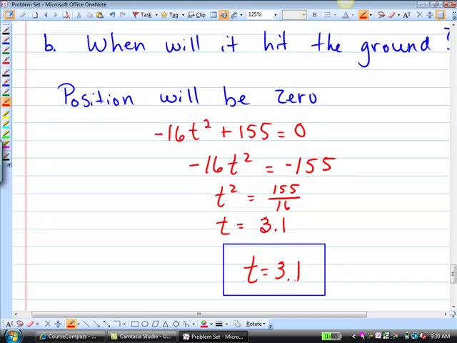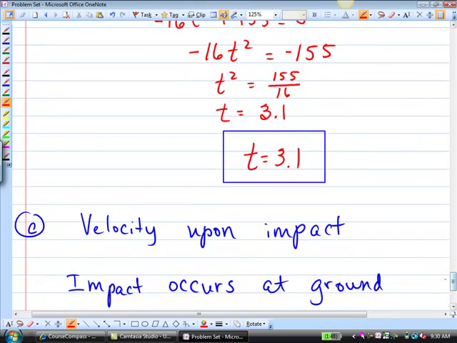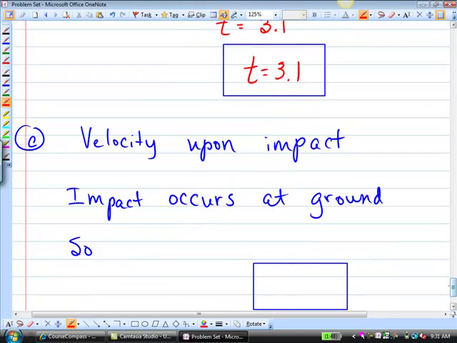All right. Then the C part says, what is the velocity upon impact? So that's saying v of what number? V of 3.1. Because that's how long it's going to take us to get there. So what is the velocity when we're hitting the ground? So that means you're going to find v of 3.1.